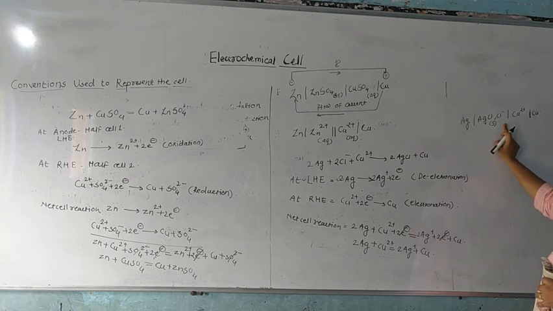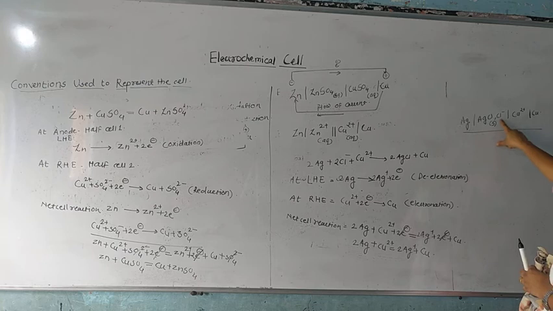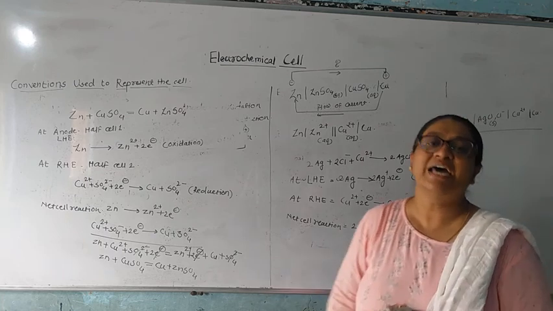The copper electrode is dipped here, and this is how the representation is. Why have I shown a single line? This means that this solution is in contact with this electrode as well as this electrode. Hence the single line is there. So this is how the cell is represented.